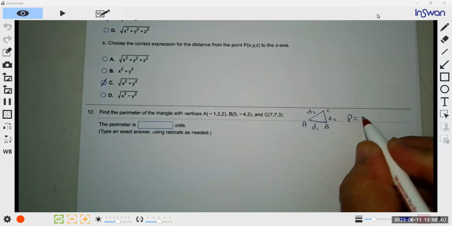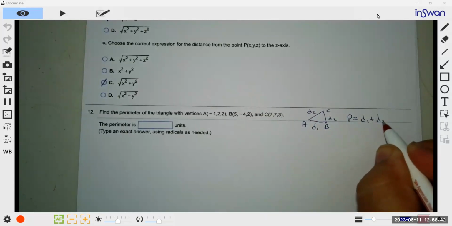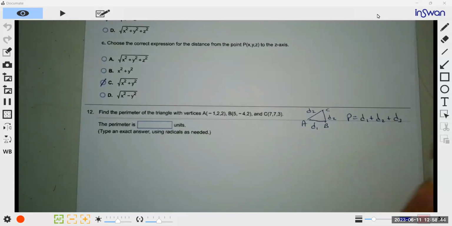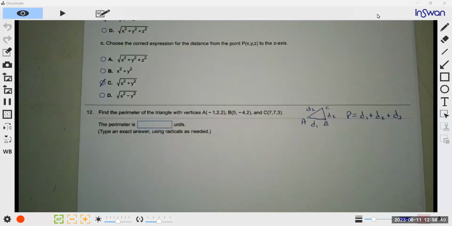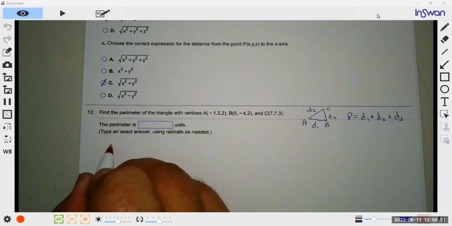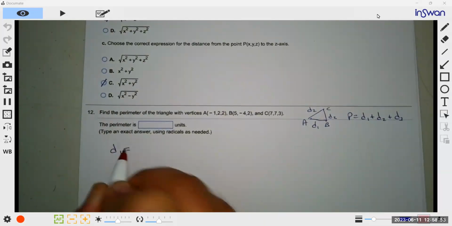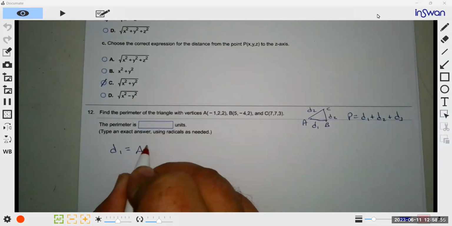And the perimeter is distance 1 plus distance 2 plus distance 3. So the first distance is going to be the distance from A to B.